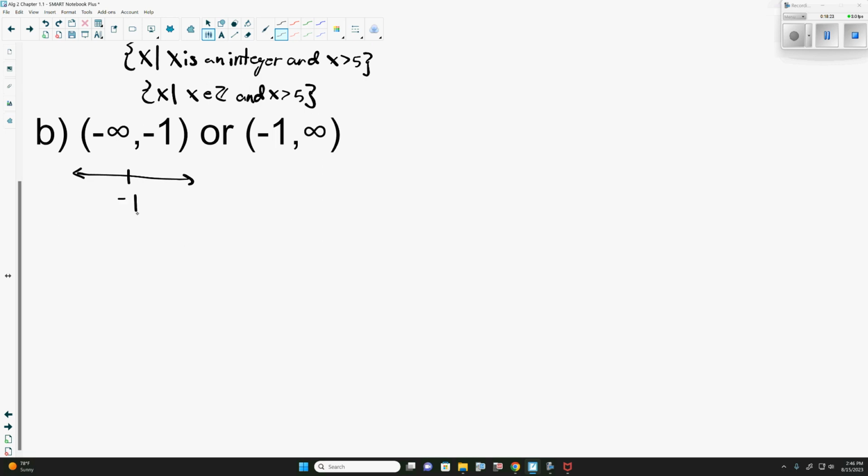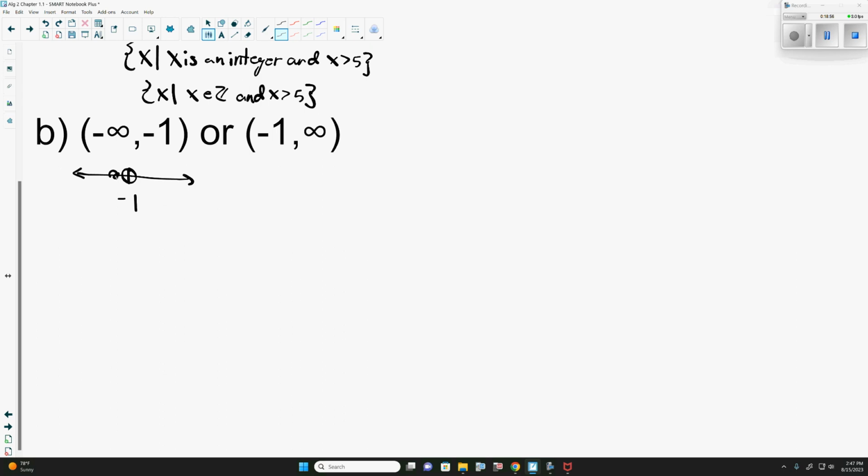Because our one main point from negative infinity to negative 1 is, well, will the circle be open or closed? Do we have a parenthesis or a bracket? Parentheses. Parentheses, are they equal to or not equal to? They're not equal to, so the circle should be open because it's not equal to that point. Now from here, do we shade to the left or to the right?